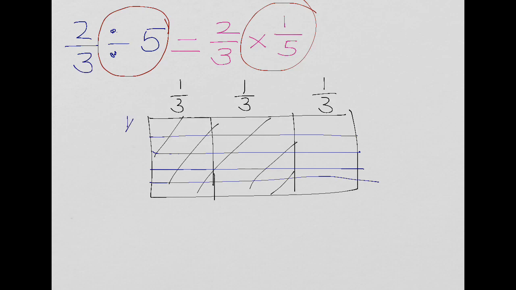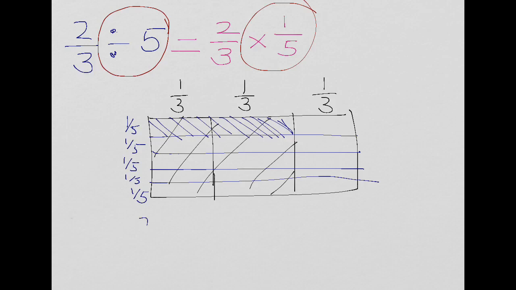Bit wobbly that last one, but each of these is 1/5. And I'm doing 1/5 multiplied by 2/3. So the bit that I'm going to shade in for my 1/5 is the other way. If you remember us doing that, it's like that.